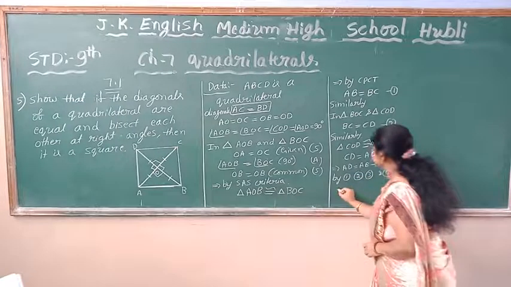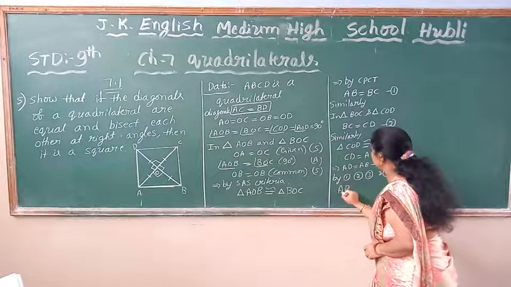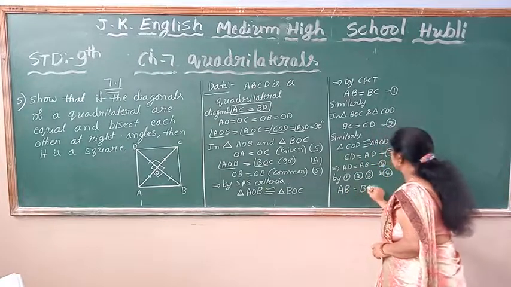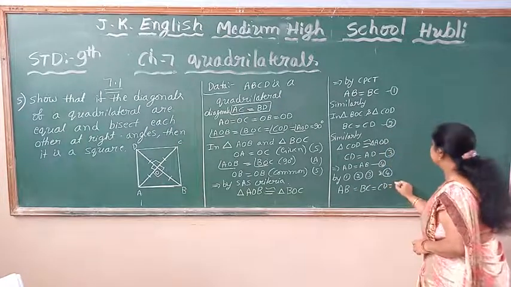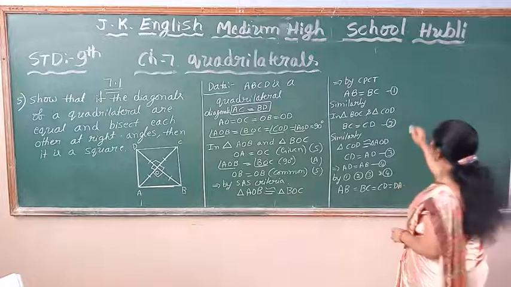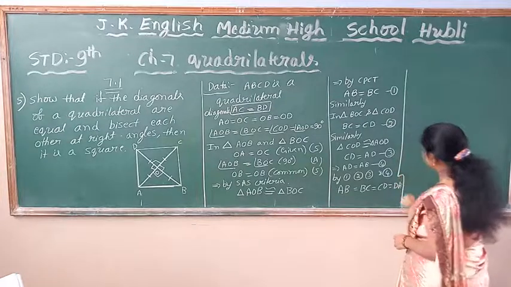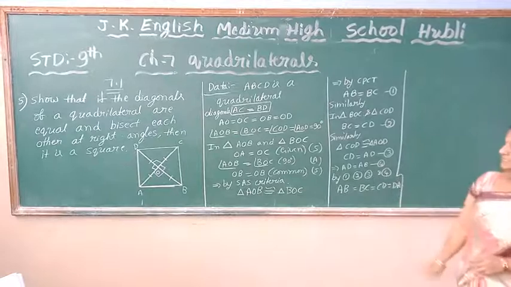That is, AB is equal to BC is equal to CD is equal to DA. All four sides are equal.